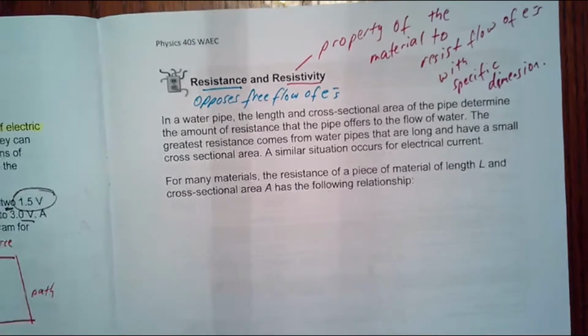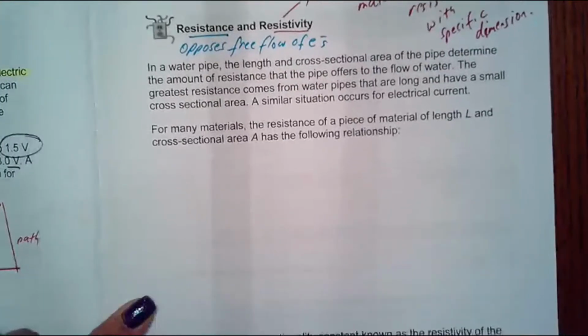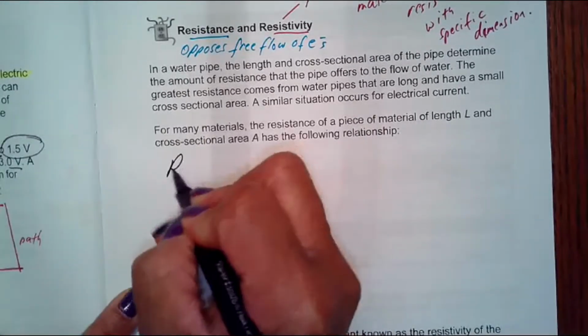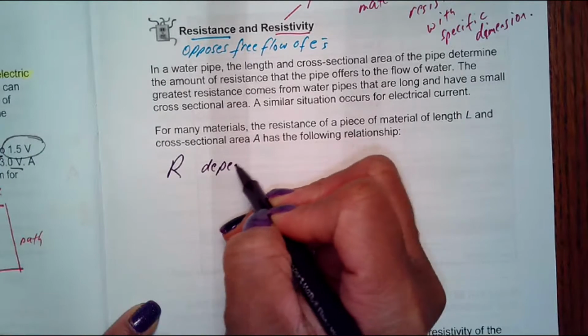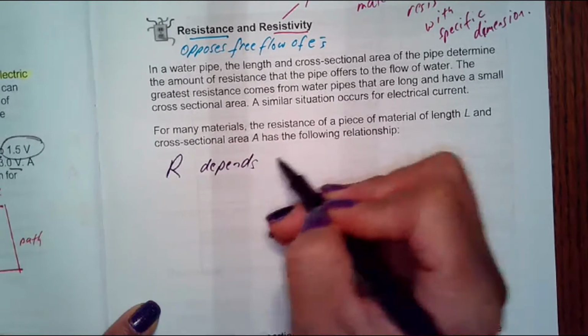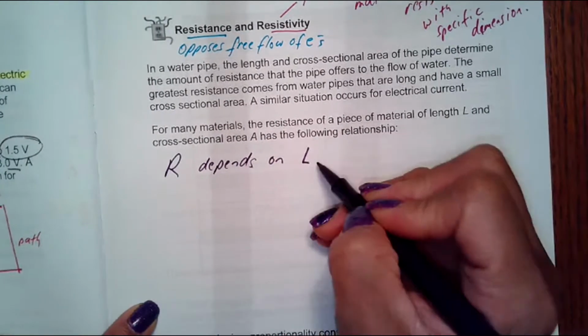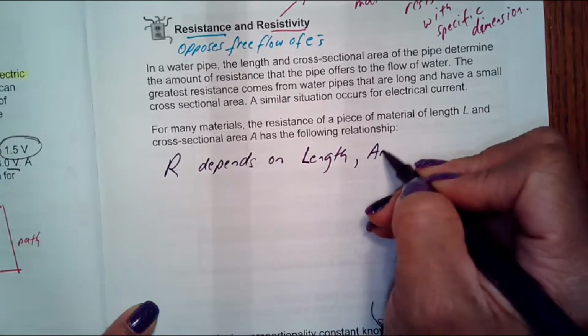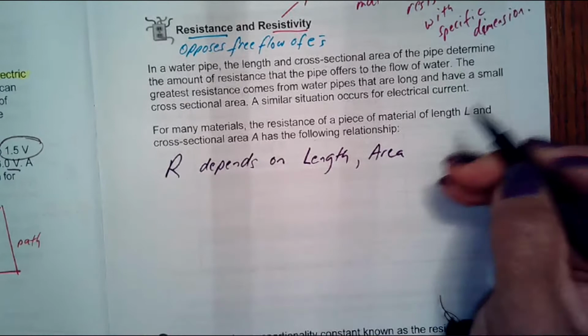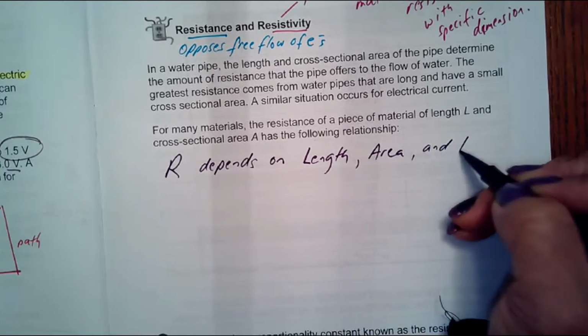I'm just going to write more information here about resistance and resistivity. So the resistance of a conductor depends on the length L, the surface area, and temperature.